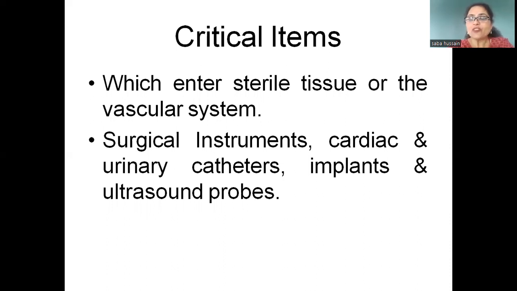But because of their material or their use, we cannot keep them under direct heating or moist heat conditions. They are made of such material, but we are using them, and they are entering sterile tissue or the vascular system.